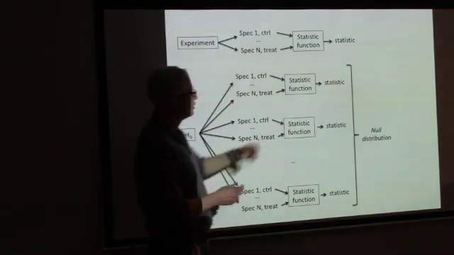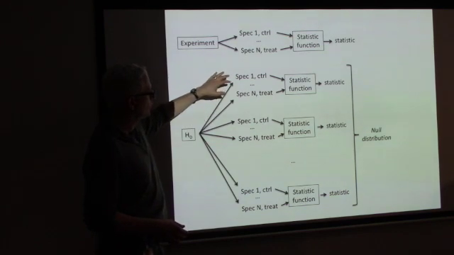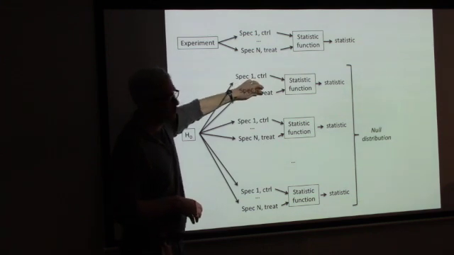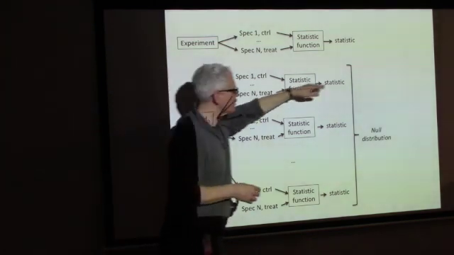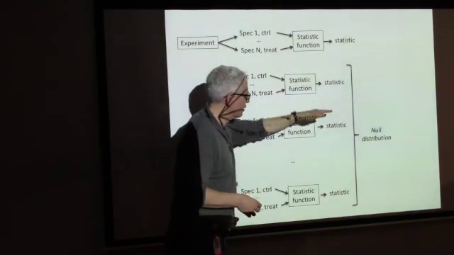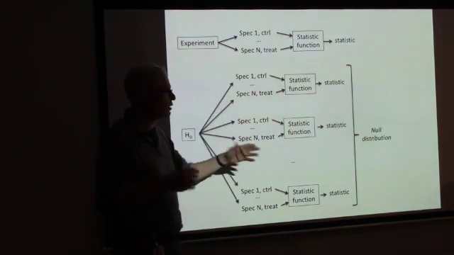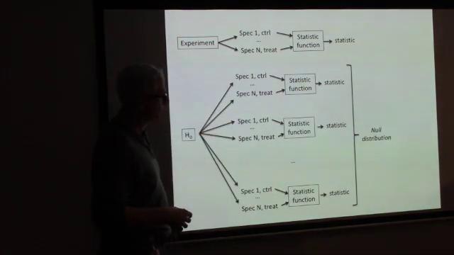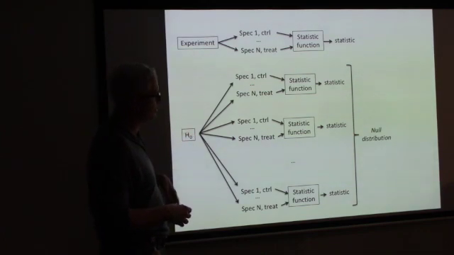Now, of course, this number is not going to be 0, just because there's no systematic difference between controls and treateds. You're still not going to get 0 as a difference of the mean every time. There's going to be variability, so there'll be a distribution of these statistics that you get as you do this over and over again with the null hypothesis in effect.